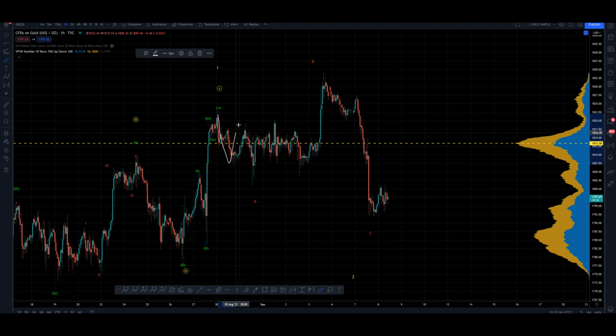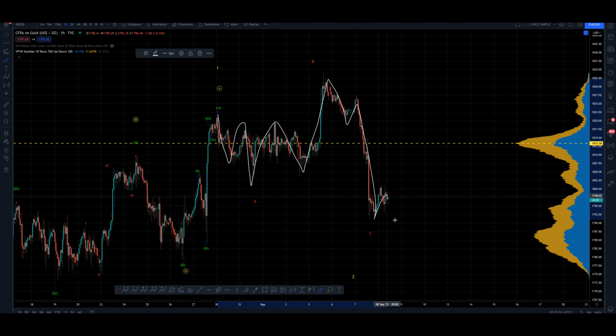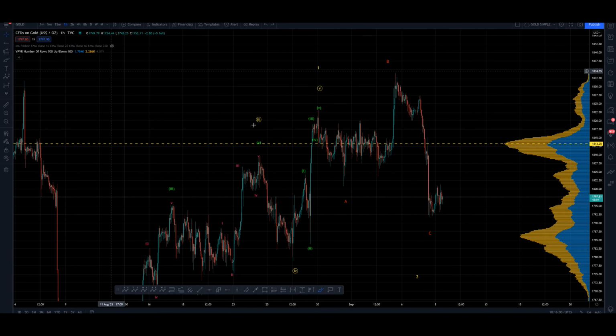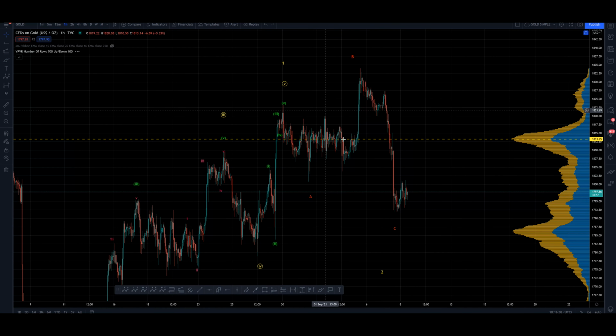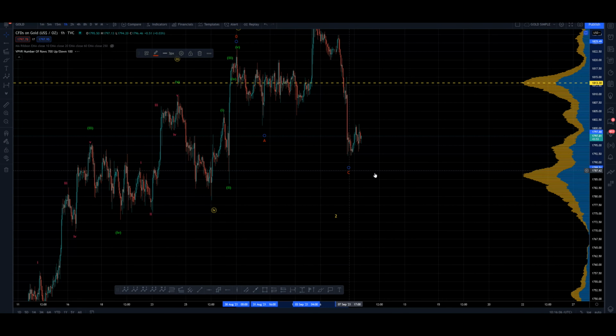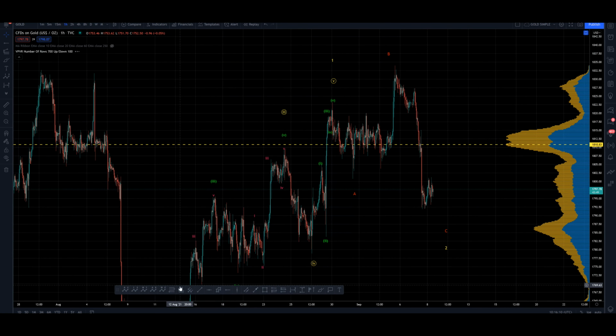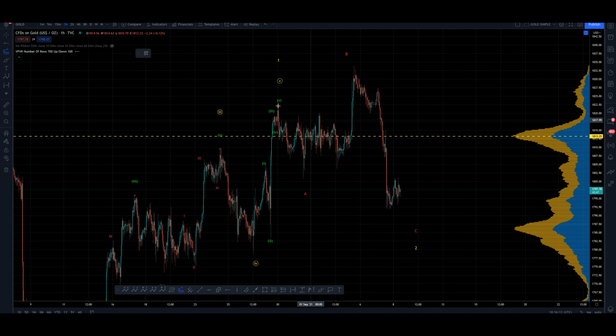So I think I can see 3 waves here, and 3 waves here with 5 in a C, and then I think I can see 5 waves forming here, so a little bit lower. So this could be an expanding flat. That's how I've got it labelled at the moment. So an A, 3 waves into a B, and then 1, 2, 3, 4, 5 waves coming down in a C.